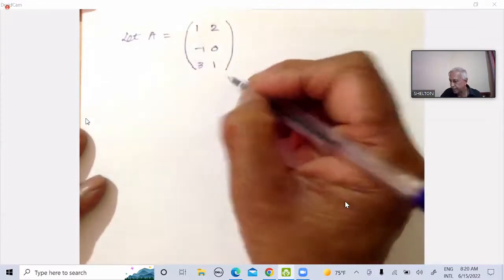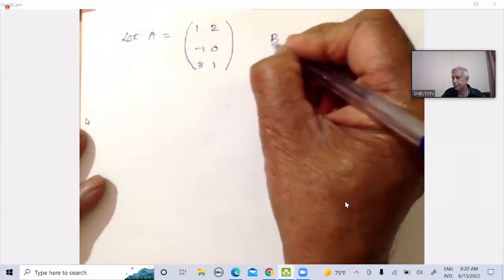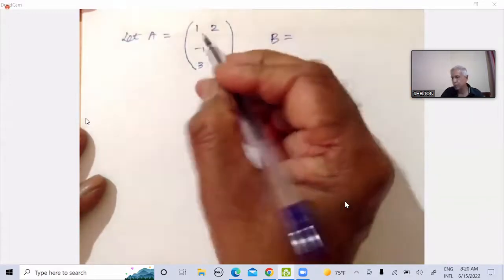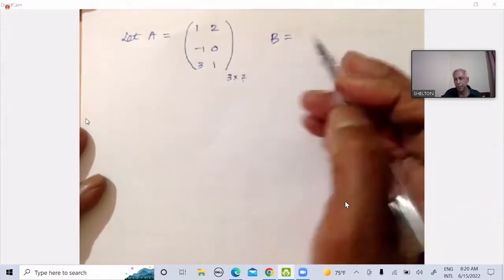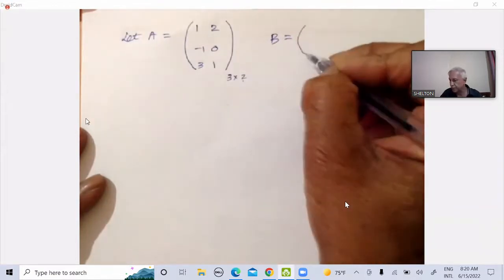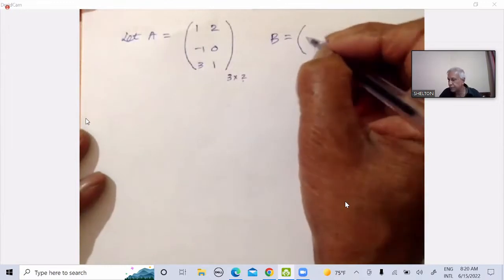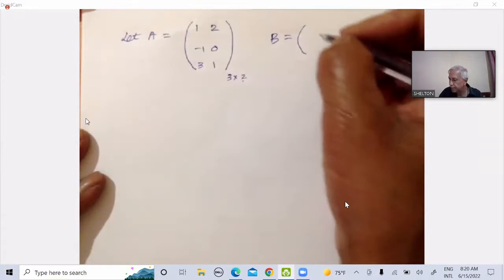And let us take B to be, this is 3 by 2, so number of columns is 2. Here it should be the number of rows, only 2. So 2 rows.